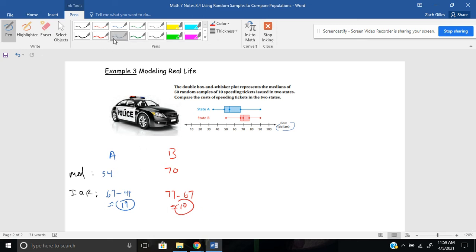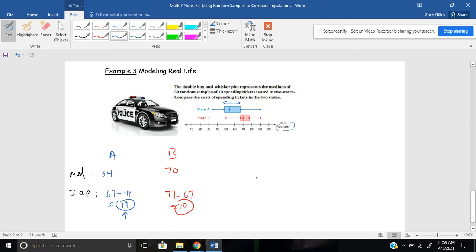And then let's compare. So it looks like the variation in state A is definitely greater. So these speeding tickets vary more, and you can see that this box is bigger than this box, meaning that these ticket prices vary a lot more, and we see that in our interquartile range.